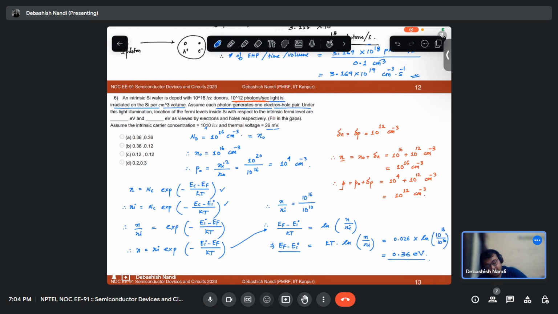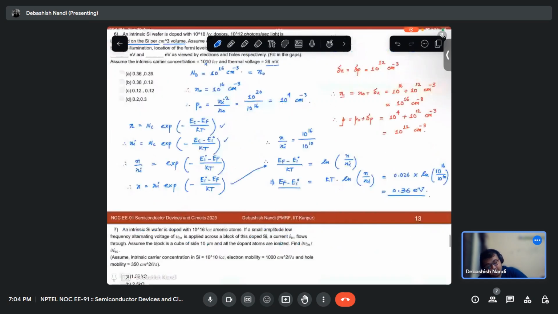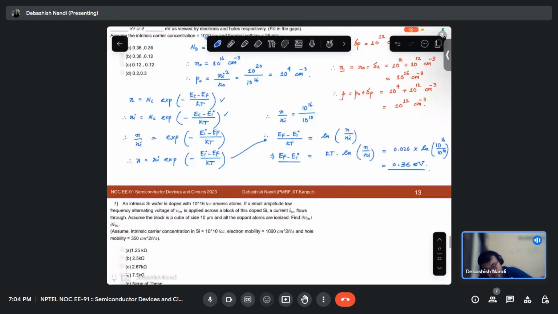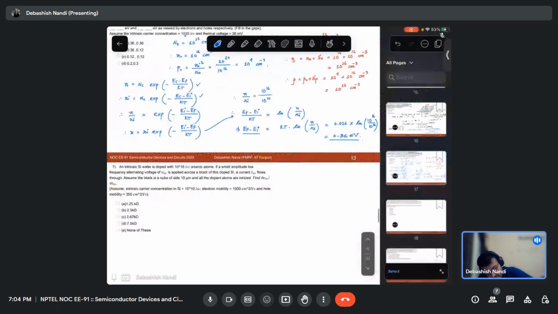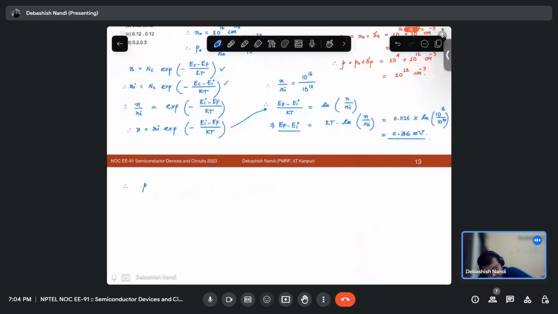Similarly, if I follow the same argument for P, then EI minus EF.